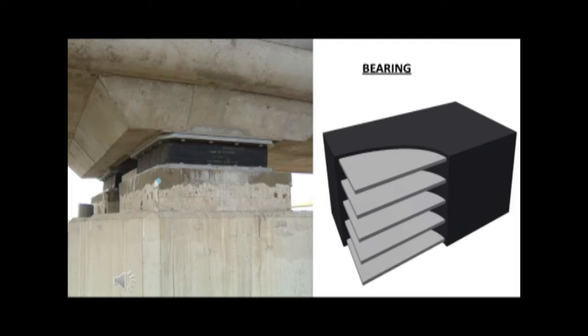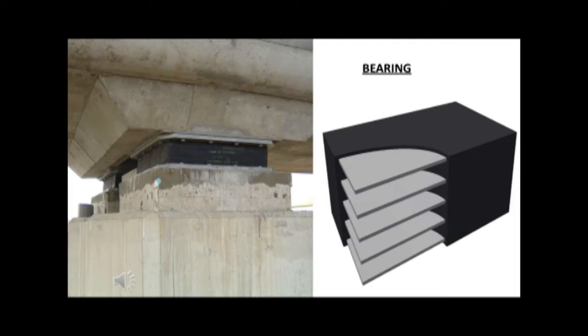Any bearing that is provided is provided to avoid the development of stresses due to temperature or due to deflection. Also it is provided to avoid the chances of creep, which is of its natural form, and shrinkage, which occurs due to the material used, that is the shrinkage of the concrete.